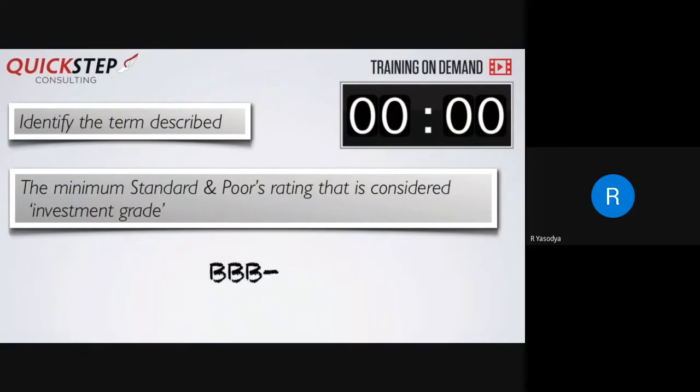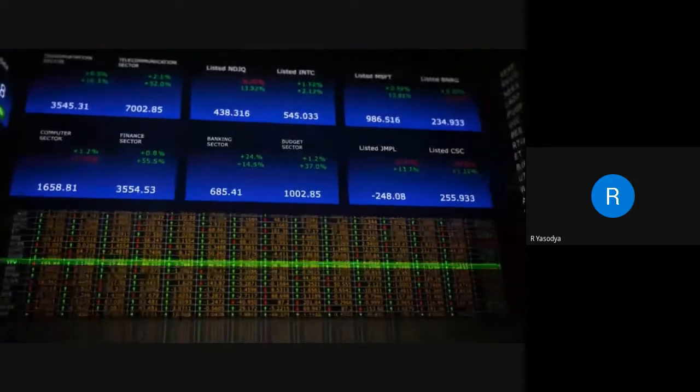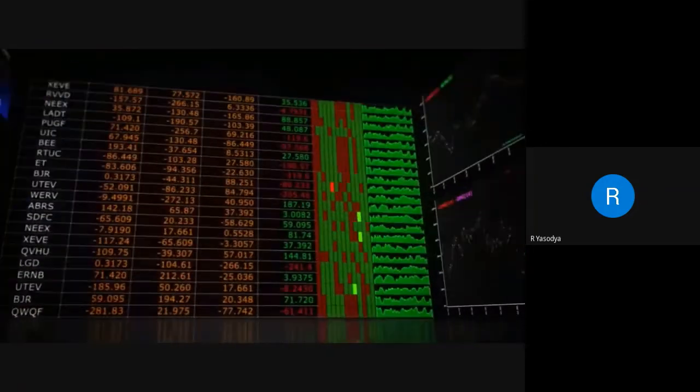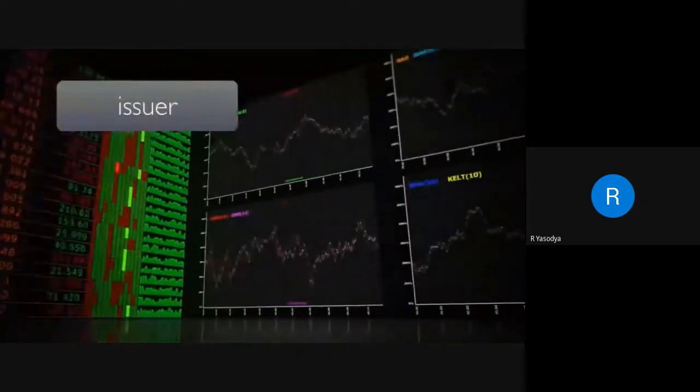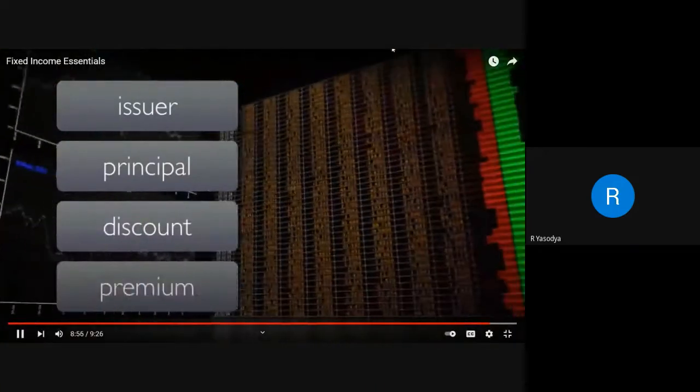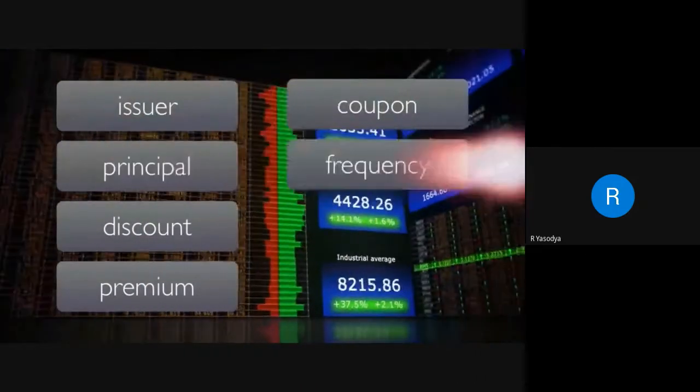BBB minus. You should now be able to describe what is meant by the issuer, the principal, discount, premium, coupon. Hope it was clear to you. And let's get on with the balance.